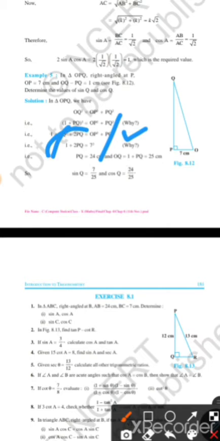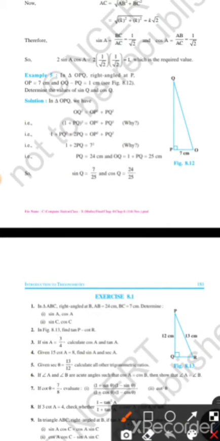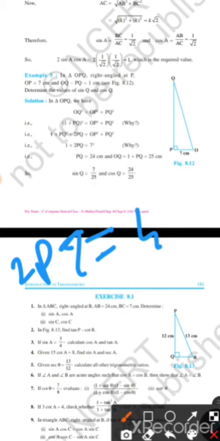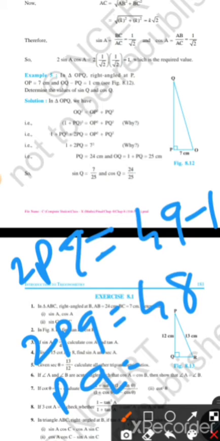So 1 plus 2PQ equal to 7 square. That is, 2PQ will be equal to 7 square, which is 49, minus 1. It will be 48. So what will be PQ? 48 by 2, which is 24, as written here.